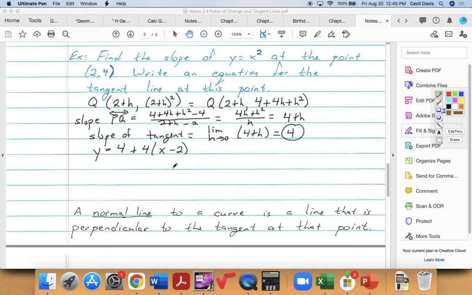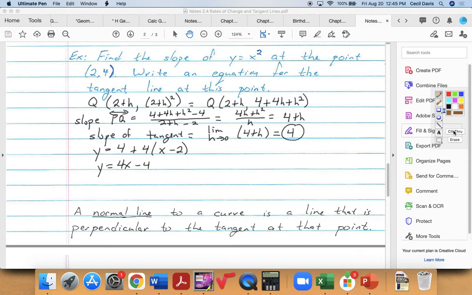On homework, your book will pretty much always change this into slope-intercept form, so I am too. But on a test or on a quiz, you're wasting time if you're changing this. This is a perfectly good answer. But just so we can check it with the book, let's see, that'd be -8 plus 4 is -4.